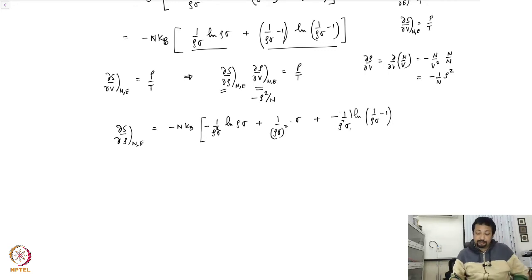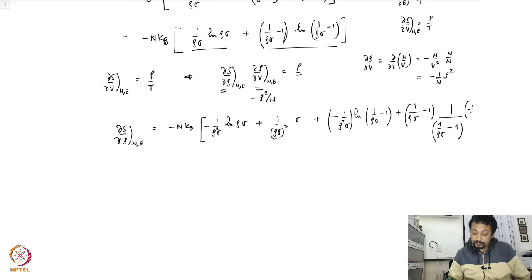And then of course comes the second derivative, the derivative of the second term, which is going to be 1 over rho sigma minus 1, and then I have 1 over rho sigma minus 1, and I have minus 1 over rho times rho square times sigma, so that I have minus of nkb.